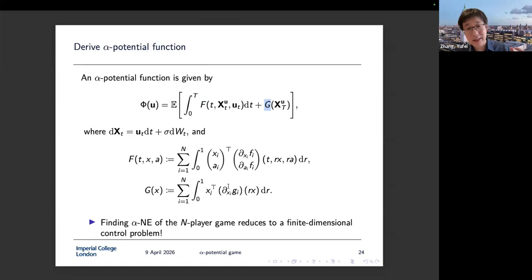The catch is, as I said before, that finding the alpha Nash equilibrium of the corresponding n-player game is reduced to a finite dimensional control, by reducing to a stochastic control problem of this potential function phi. And we can also quantify the corresponding alpha.